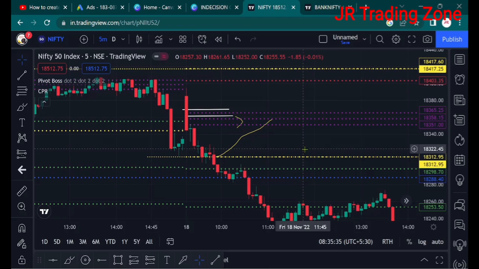If it is at the resistance level, you should look whether there is a formation of an inverted pin bar, or whether it is breaking that level and creating a bullish candle. If it is breaking that level and creating a bullish candle, you can plan for a long trade. Okay, you must see whether there are any other resistances above. That we can study clearly when we go to the CPR.